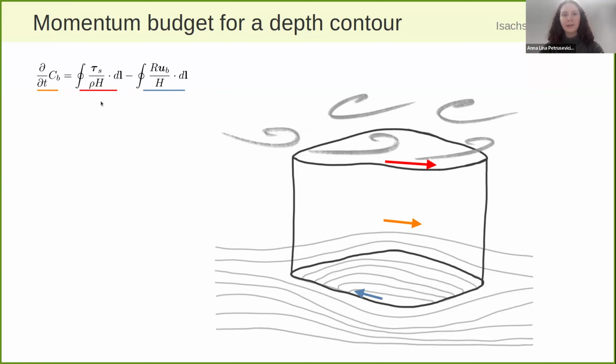The first one is the integrated surface stress around the contour. And the second one is the bottom friction, or represents the bottom friction. So if you have wind blowing at the sea surface or ice drift, the circulation will speed up until the friction is strong enough to balance the stress at the surface.